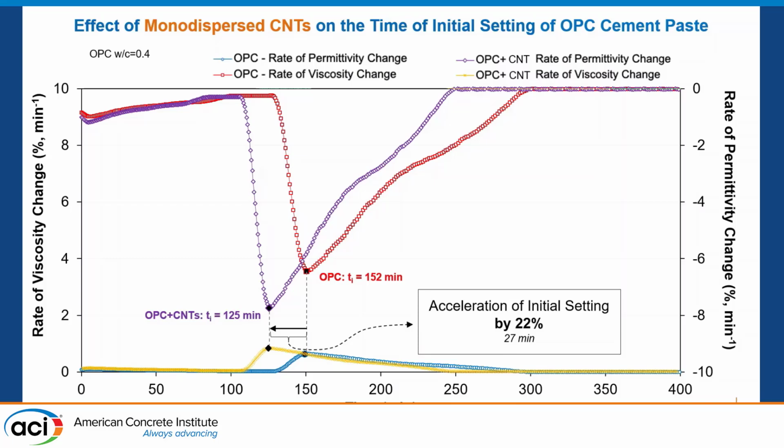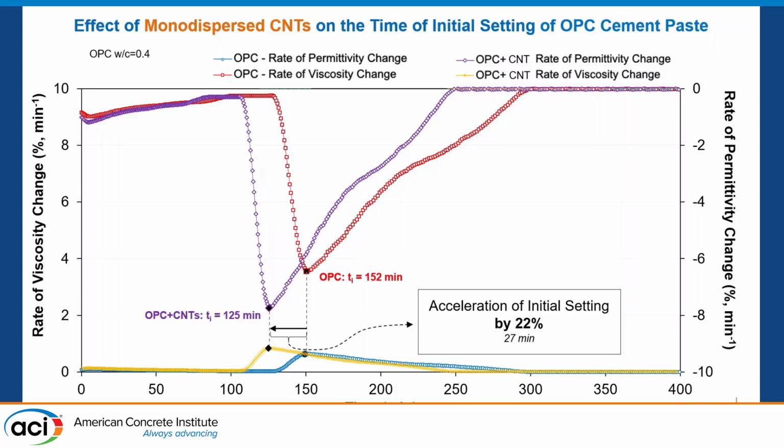We use carbon nanotubes, the dispersed carbon nanotubes, at a low amount of 0.1% per weight of cement. This concentration is based on our previous work, where we found that this amount of 0.1% yields the highest increases in the mechanical properties. And we see the rate of permittivity change in the purple color curve and the rate of viscosity change in the yellow color curve.